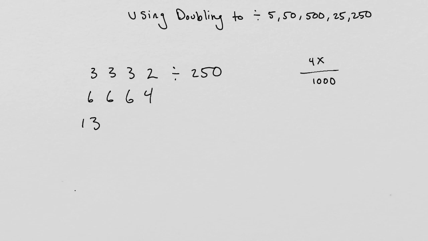Once again, 6 doubled is 12, but we know we need a carry, so instead of writing a 12, write that 13. And again, 6 doubled is 12. We look at the next digit over, realize we don't have to carry anything, so we can write that 2 down. And then 4 doubled is 8. Now the divide by 1,000 portion simply means we move that decimal over 1, 2, 3. So our final answer.